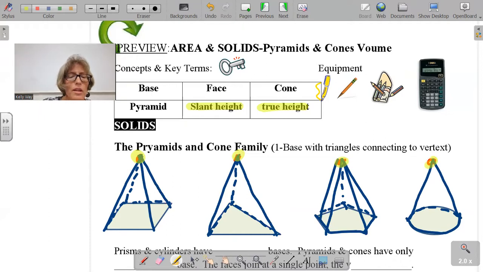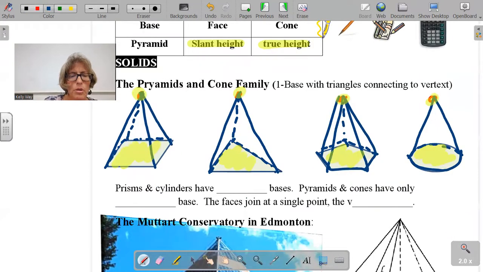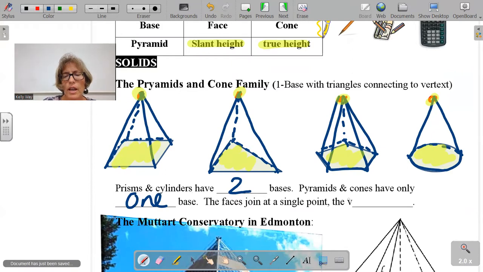All of these have a vertex, they have one base, and they have triangular faces. So prisms and cylinders have two bases, pyramids and cones have only one, and they join at a vertex.